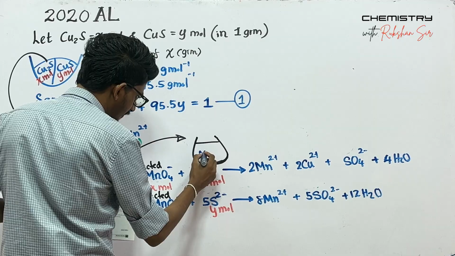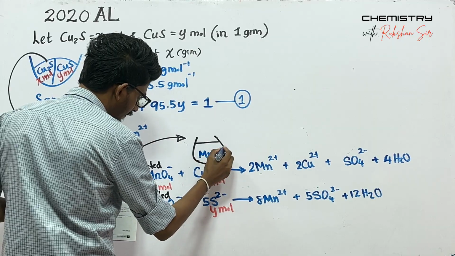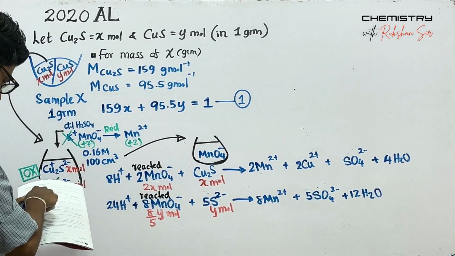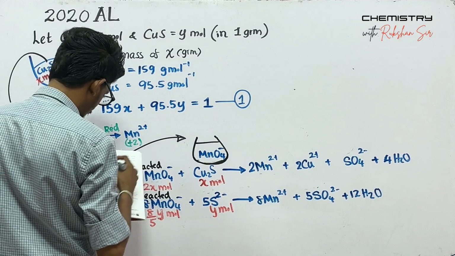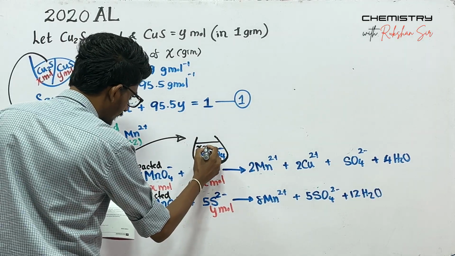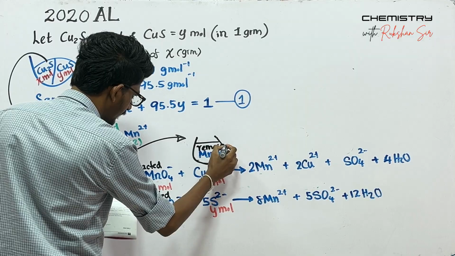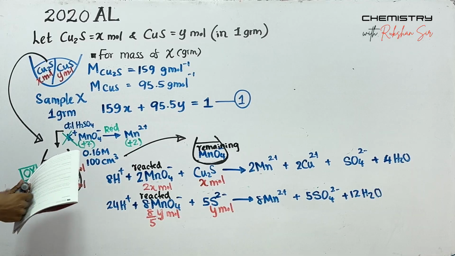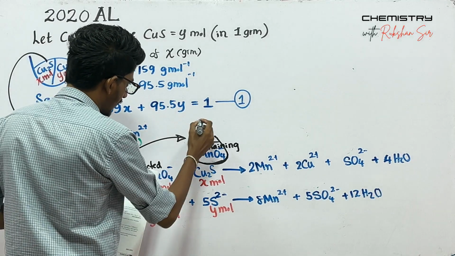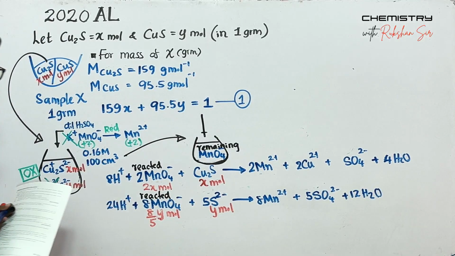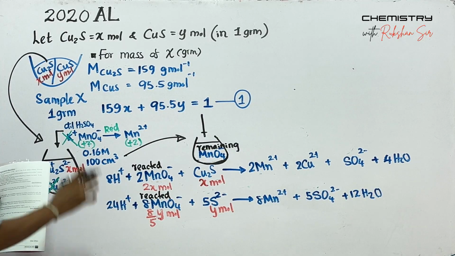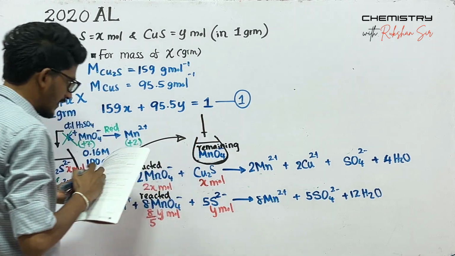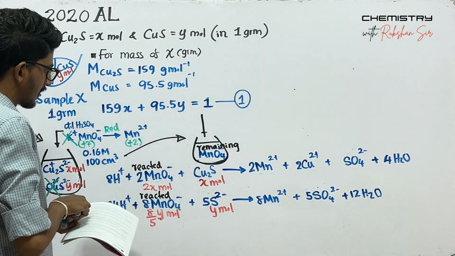The MnO4 minus remaining, or the KMnO4 remaining, this is the remaining amount, is actually titrated with the use of a Fe2 plus solution. Right?